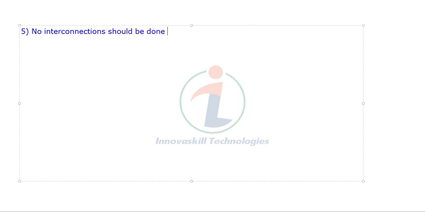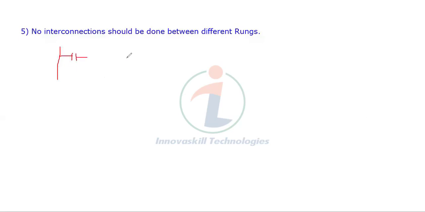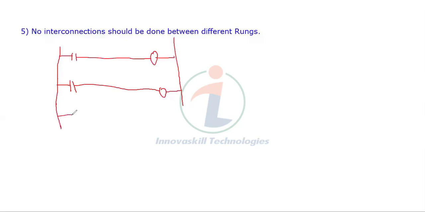Next, for example, I have one rung here, another rung here. So just assume I have three rungs like this, and another rung also.